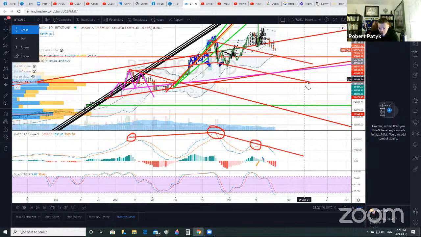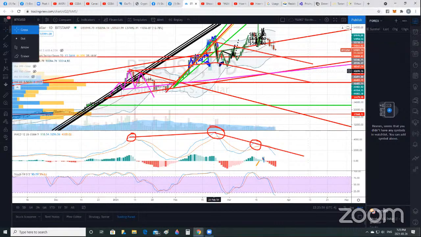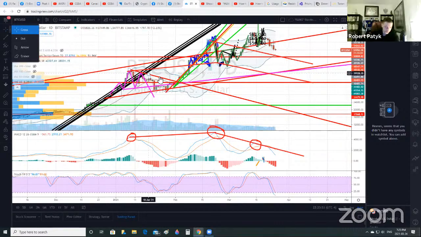And then my third target could be 35,000. According to this divergence alone, which I've had quite a lot of success with, about 80% accuracy just on divergences like this.